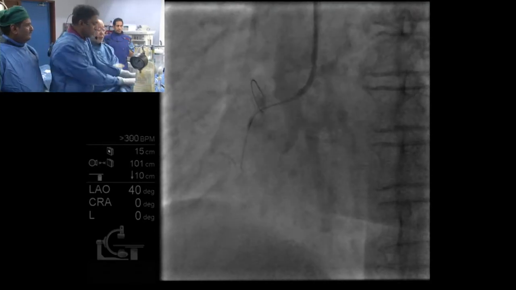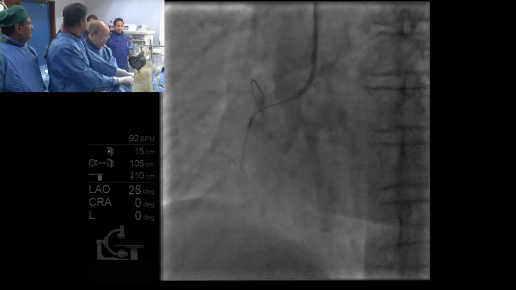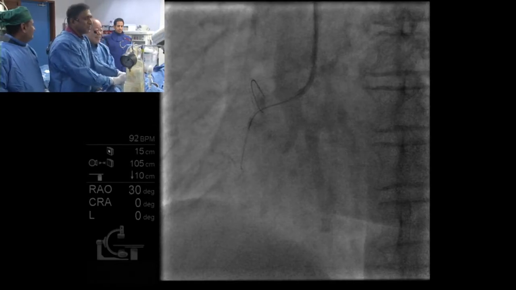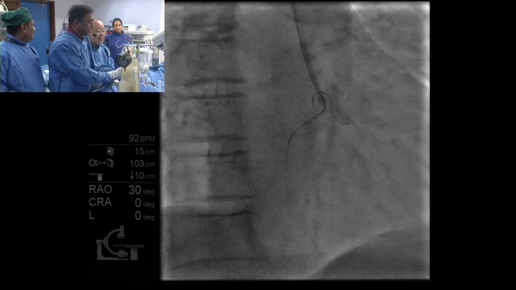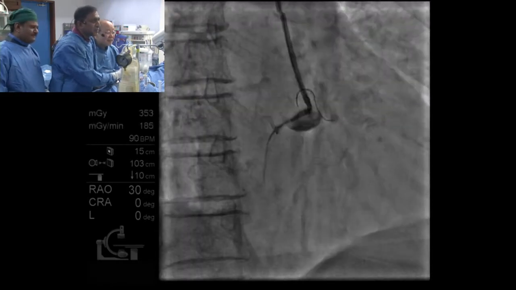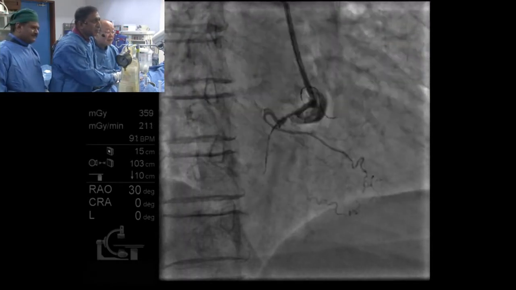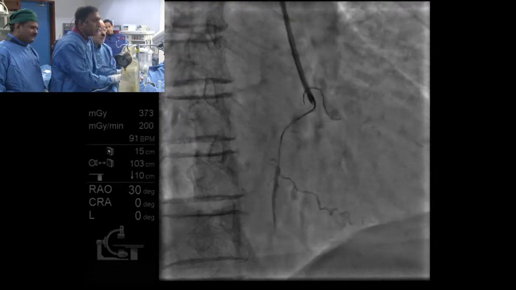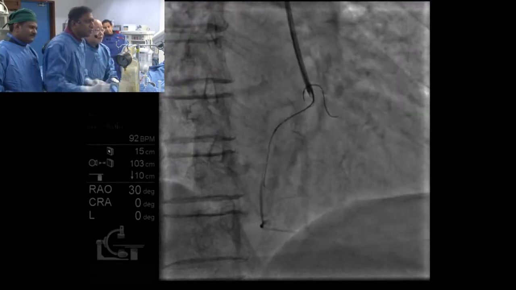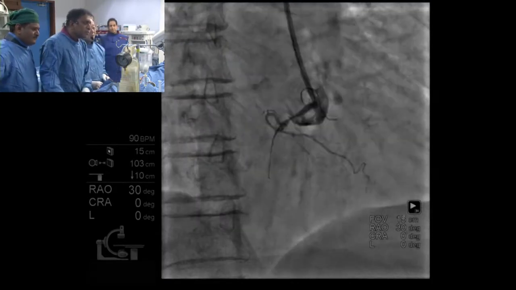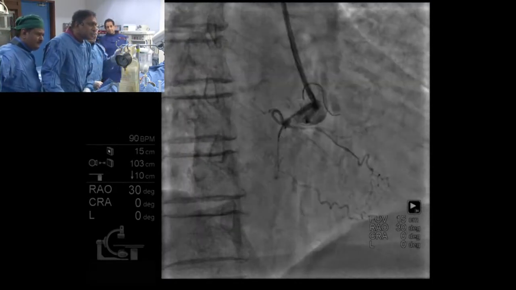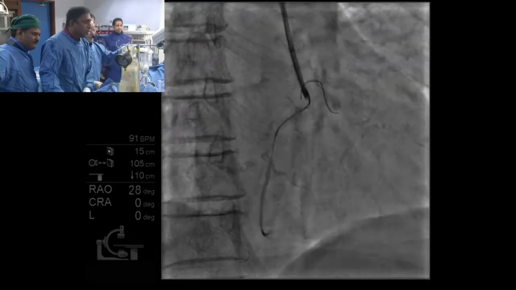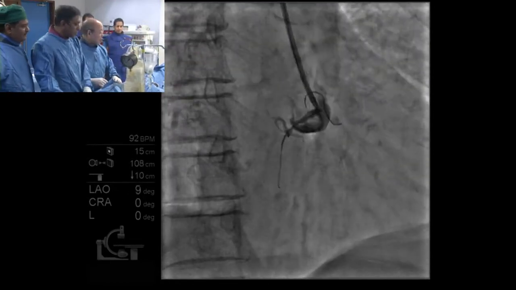Okay, RL. It looks good. No, I don't think so. Maybe it's outside. Okay. I will place this wire deeply.